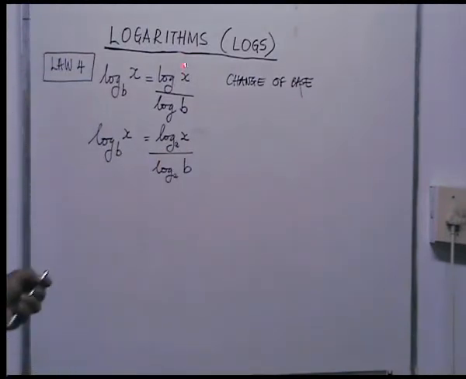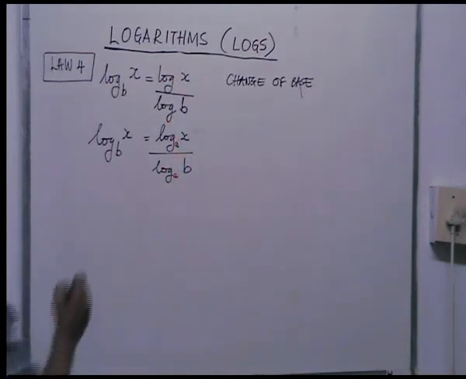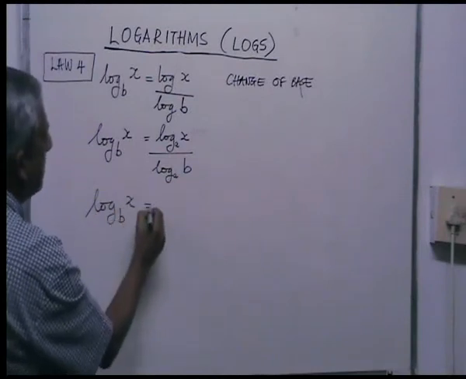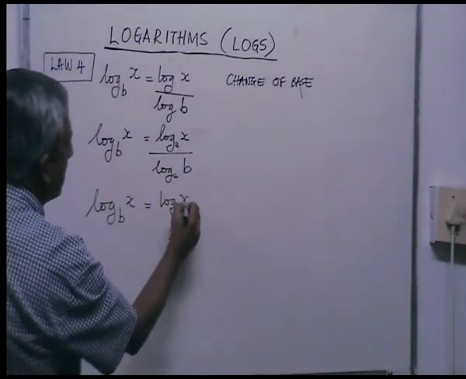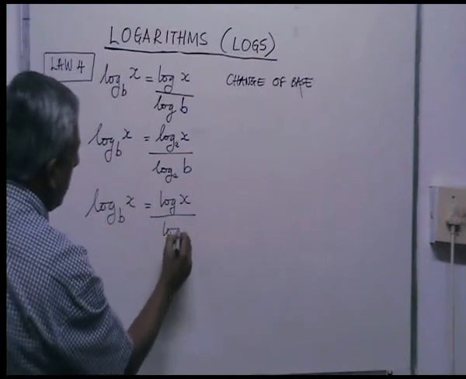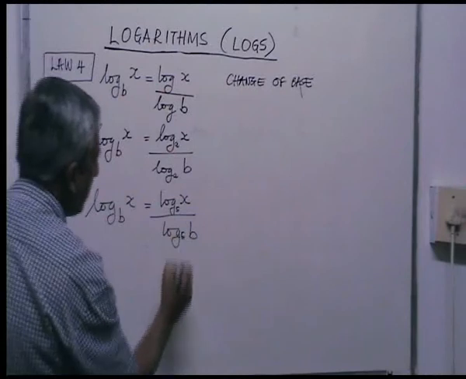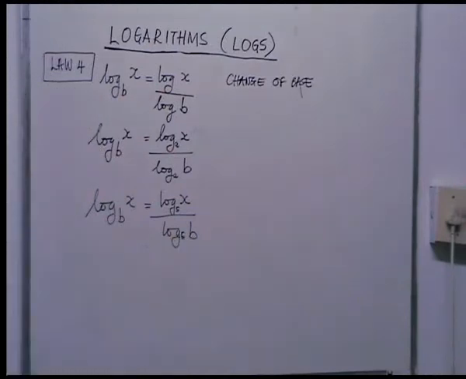There we chose 10. Now we're choosing a. Or I can put 5 here and 5 here. Choice is mine. So when you change base, the new base will depend on you, what you like to make it. Alright, so that's what change of base is.